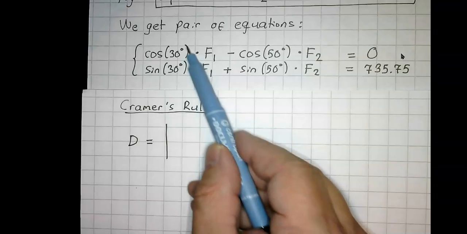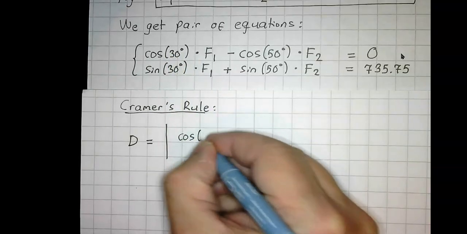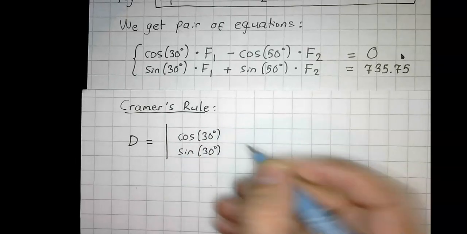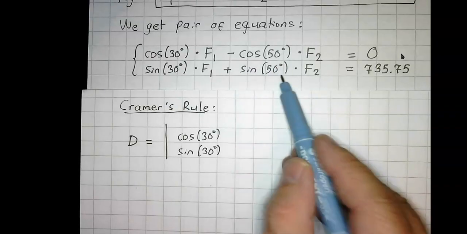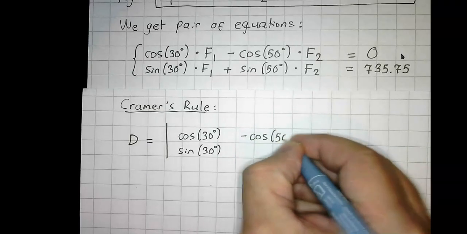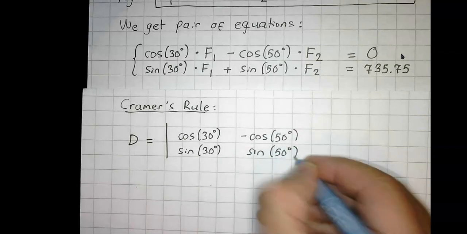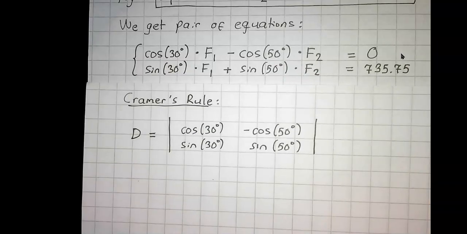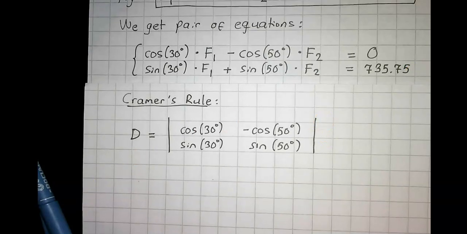So I will pick cosine 30 and sine 30 first in the first column, and then minus cosine 50 and sine 50 in the second column. Let's use then Excel.